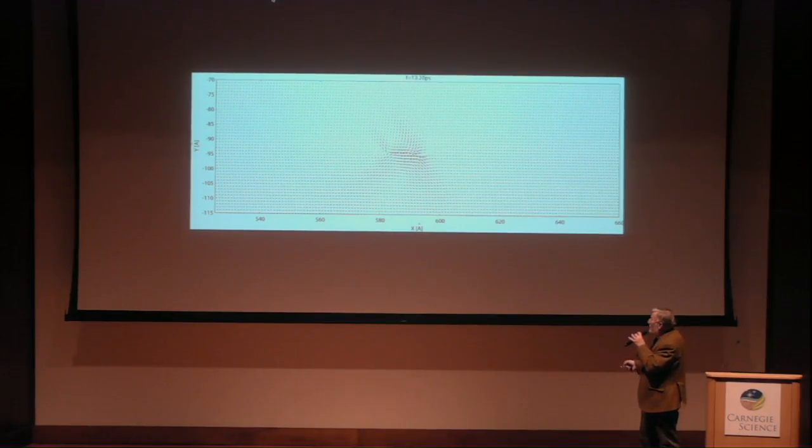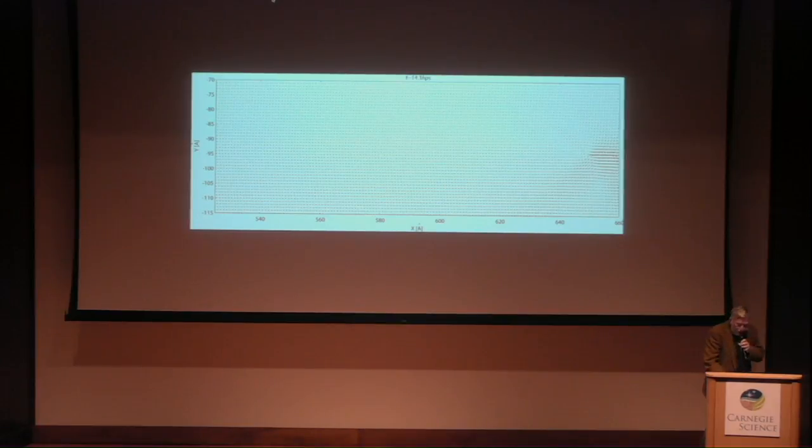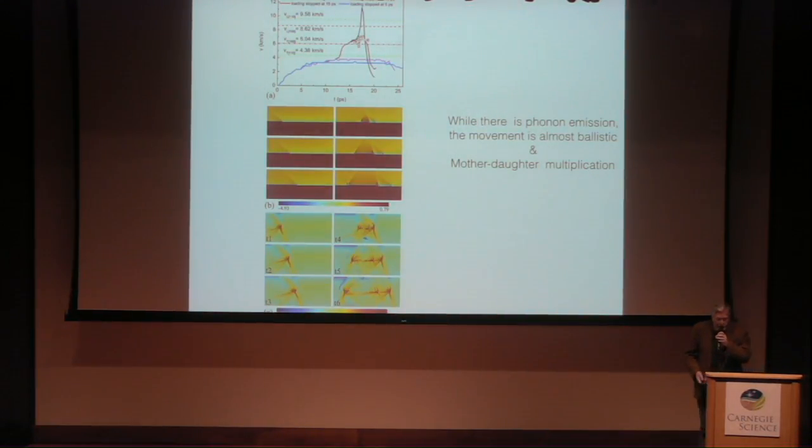So these kinks, so here's the actual kink, there's a topological kink at that point, moving forwards with a speed which is faster than the speed of sound. In this case, of course, there are many speeds of sound because you have different elastic constants in there, and so that's how it works.